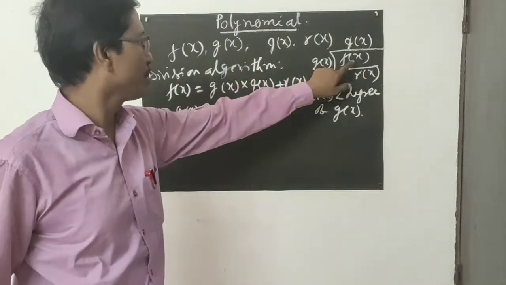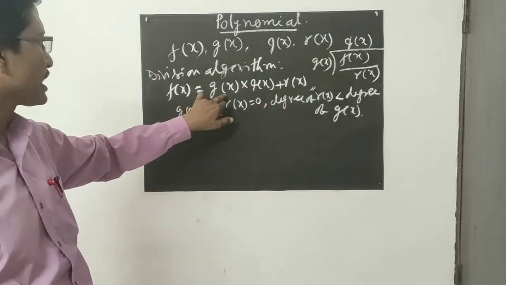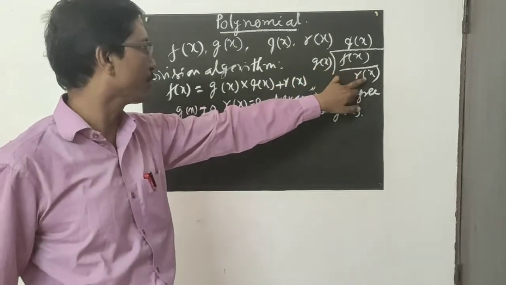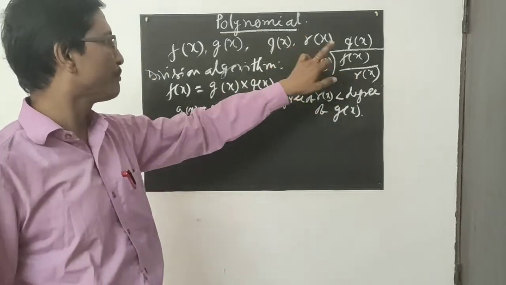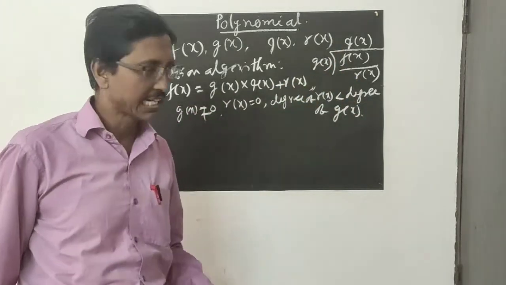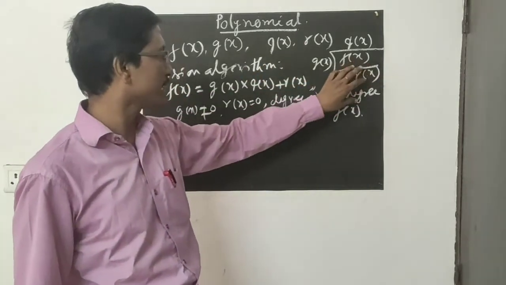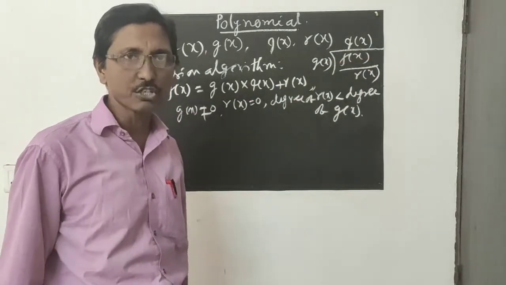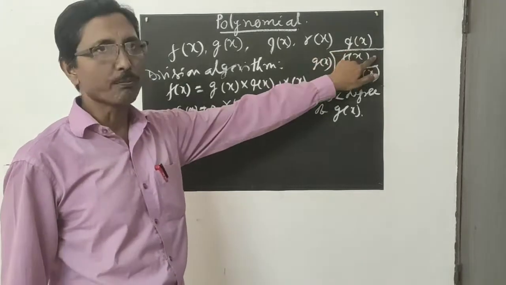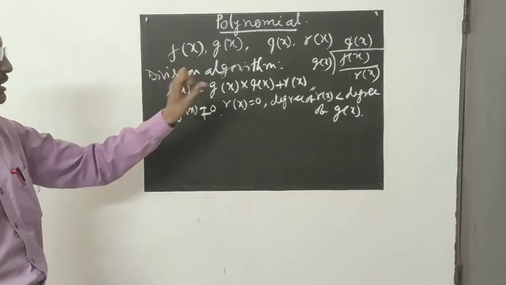By dividend equals divisor into quotient plus remainder, you get f(x) equal to g(x) into q(x) plus r(x), where r(x) is either 0 or its degree is less than the degree of g(x). If r(x) equals 0, meaning after dividing you get 0 remainder, that means completely divisible, then we say that g(x) is a factor of f(x). Is it okay? So this is the division algorithm rule.